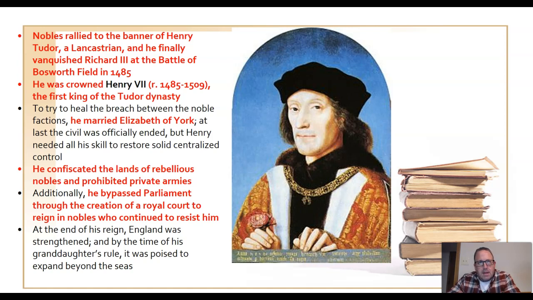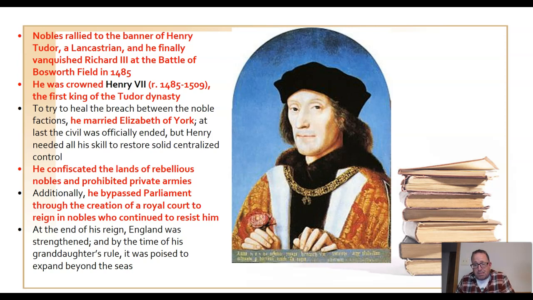Now, in order to bring peace to the country, he marries Elizabeth of York. See that? So you have a Lancaster marrying a York. The whole purpose is to bring these two families back together for the purposes of peace. And this is going to bring to the throne a very important English dynasty known as the Tudors. So that's Henry VII.